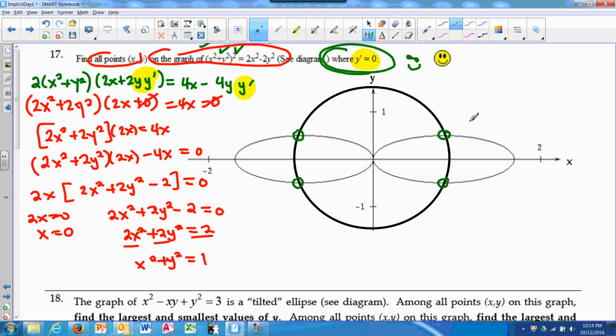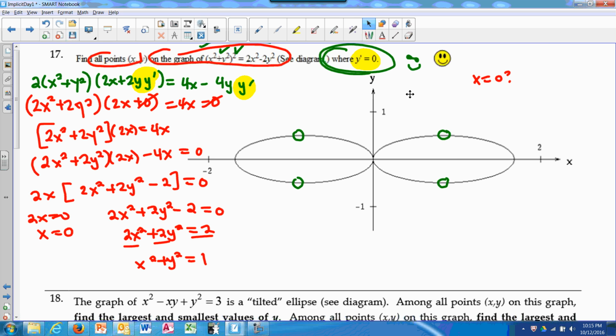So, let's try x equals 0. If x equals 0, then we get y squared squared on the left, and on the right, we get negative 2y squared.